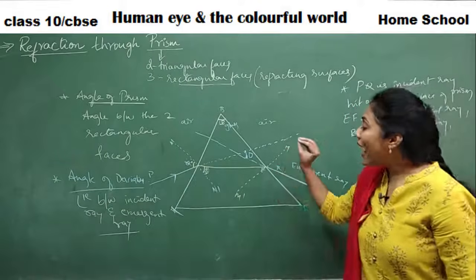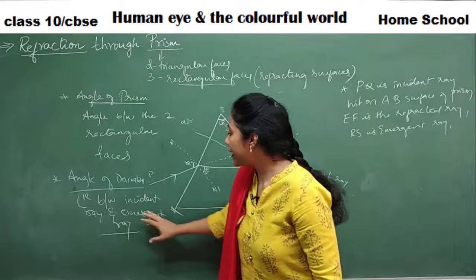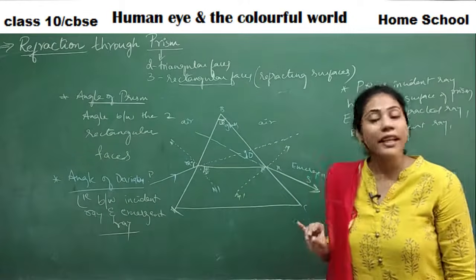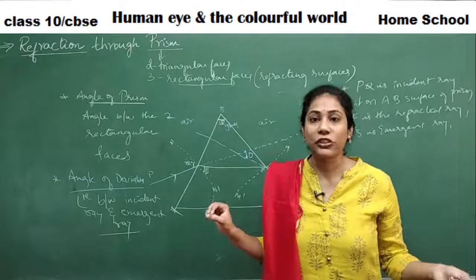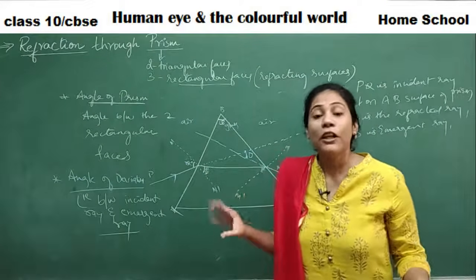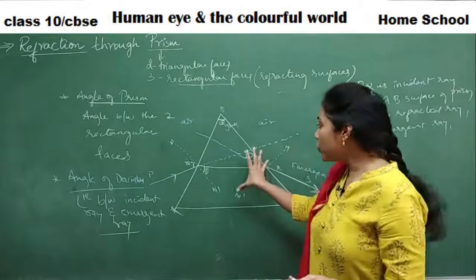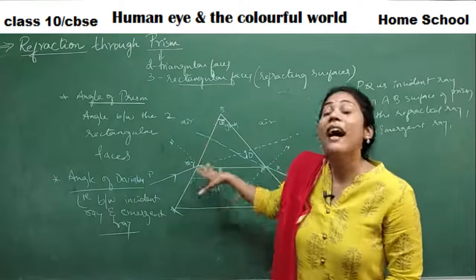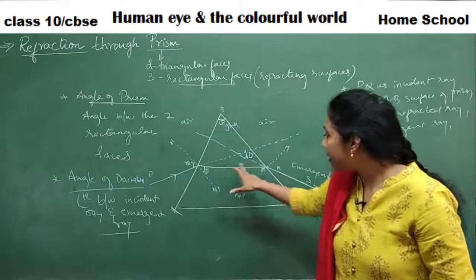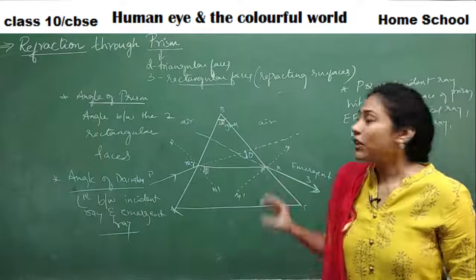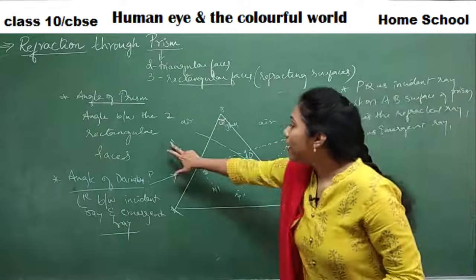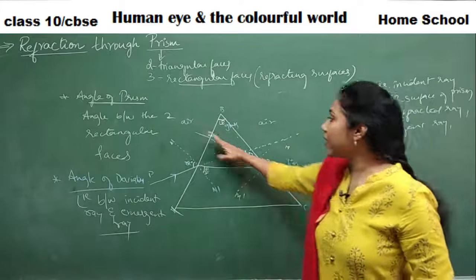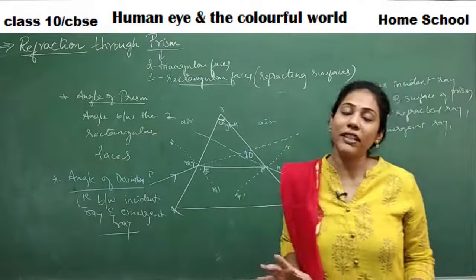Okay, so the angle between the incident ray and emergent ray itself, we will call it as angle of deviation. Okay, so that's all about the refraction through prism. Very simple, right? Only thing you have to be careful is drawing this particular diagram and showing how incident ray is hitting, how refracted ray has formed inside, and how emergent ray is coming out. Carefully you have to draw it, putting normals, and then extend the original path and the emergent ray path. You will get to know angle of deviation.